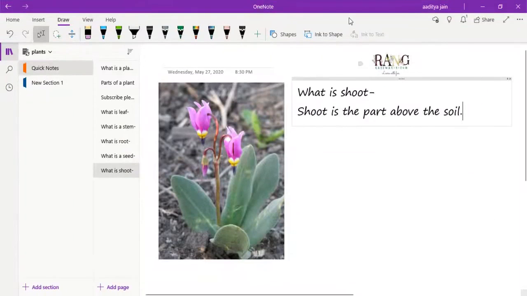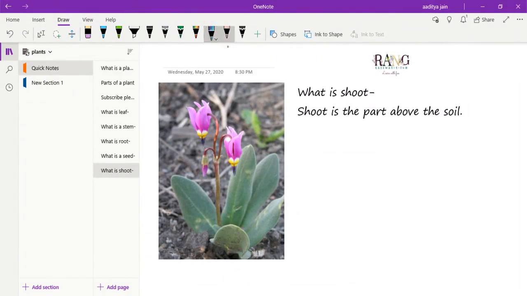So kids, what is a shoot? Shoot is the part of a plant above the soil. Above the soil. Underline these words. Above the soil. This means that the part of the plant above the soil. Can you see? All this is above the soil.